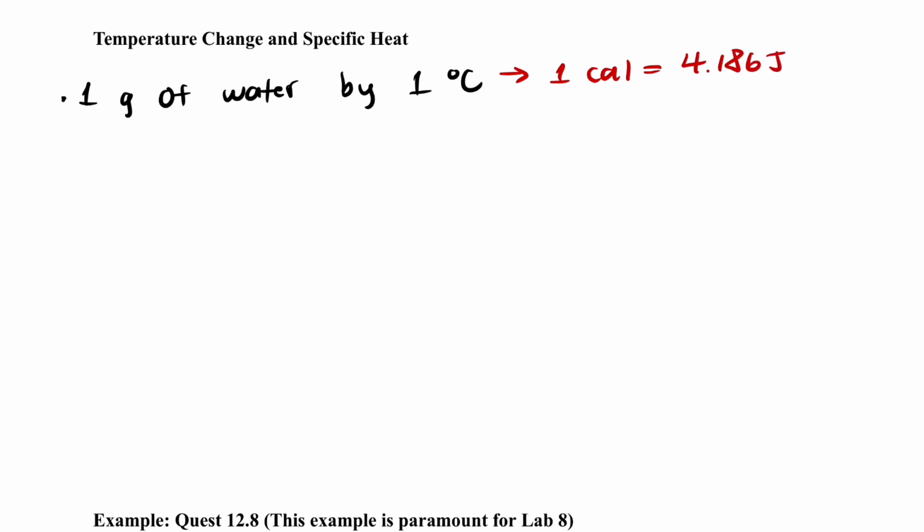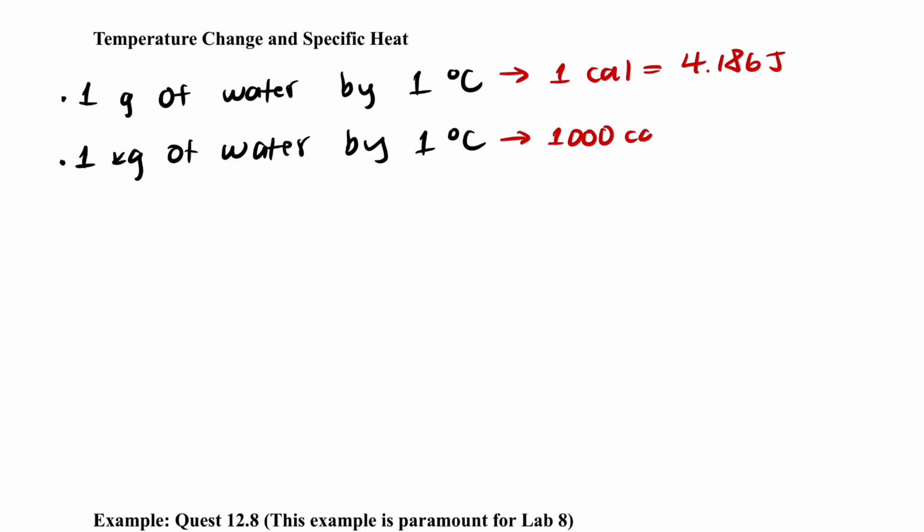What if you wanted to change the temperature of 1 kilogram of water by 1 degree Celsius? Well, because a kilogram is 1,000 grams, you would need 1,000 calories, or a food calorie, which is 4,186 joules.